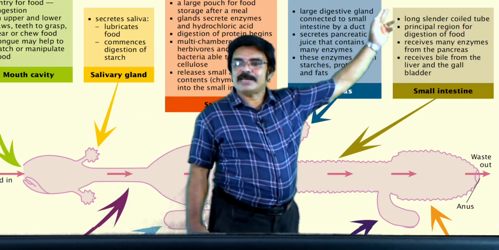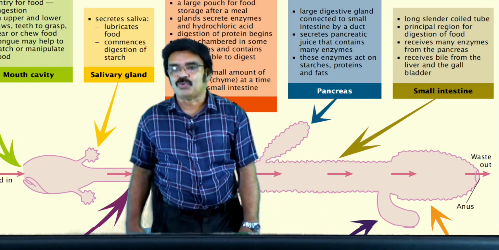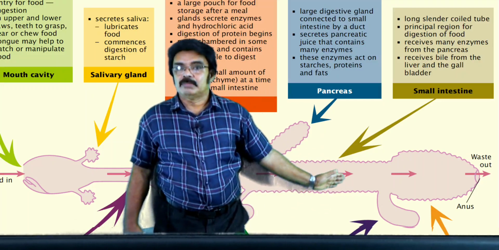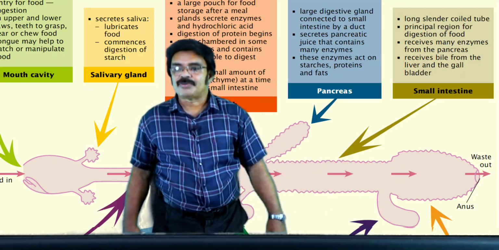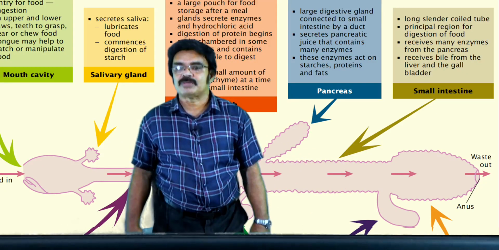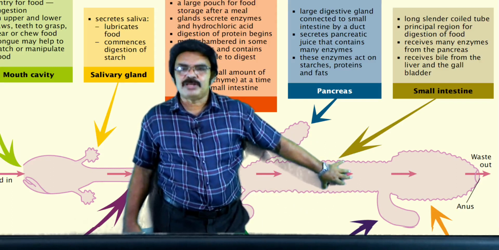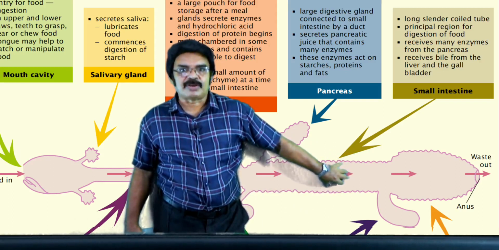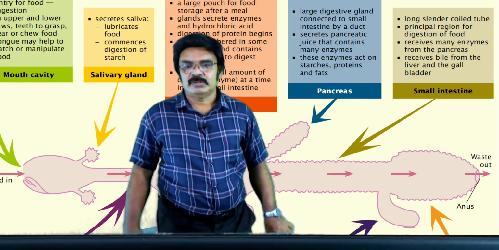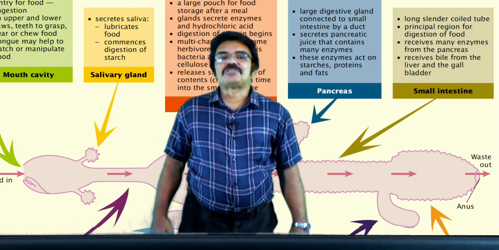A long slender coiled tube, the principal region for digestion of food. Mainly the digestion occurs here, and it receives many enzymes from the pancreas. So it has many juices, but the small intestine itself does not have digestive enzymes.